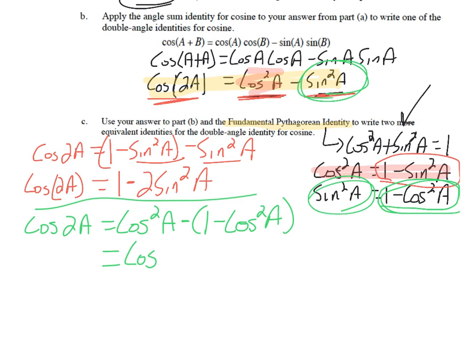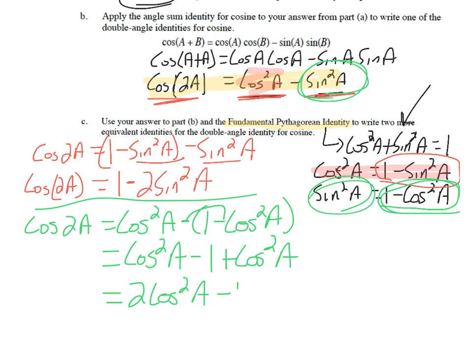So this is still a cosine squared a. I'm going to go minus a 1. Then we're going to go minus a minus. So that's plus cosine squared a. And I now have 2 cosine squared a's minus 1. That's the same as the cosine of 2a. This gives you 2 more identities.